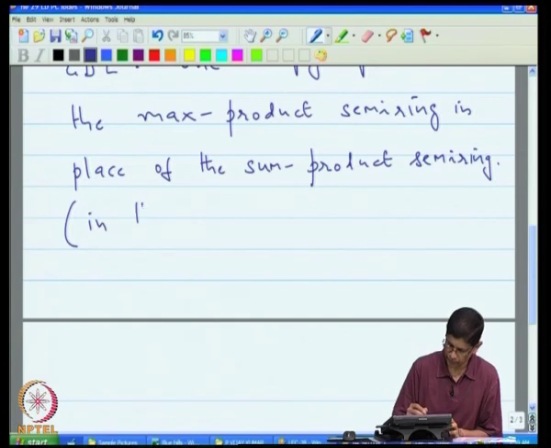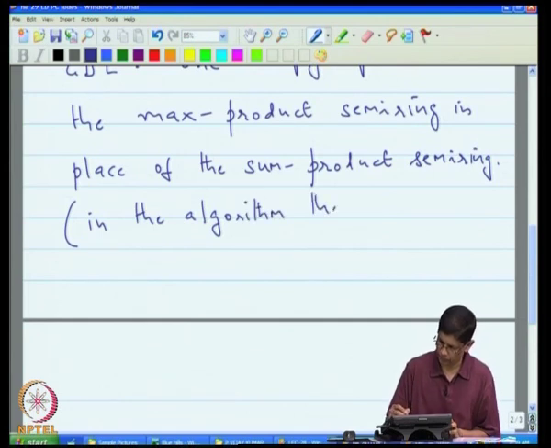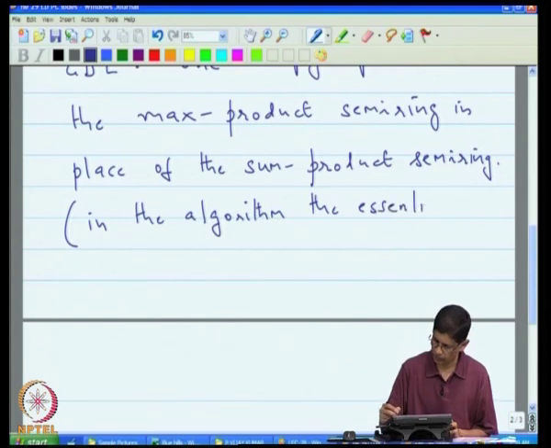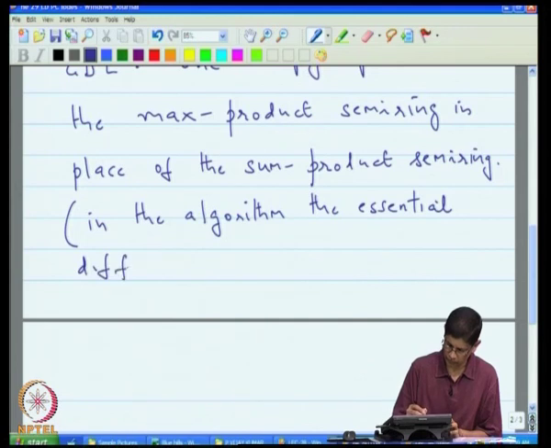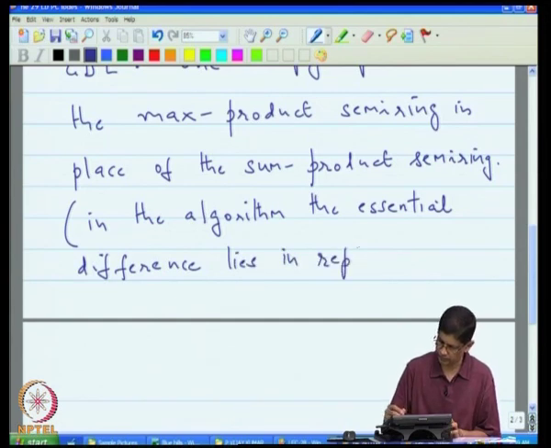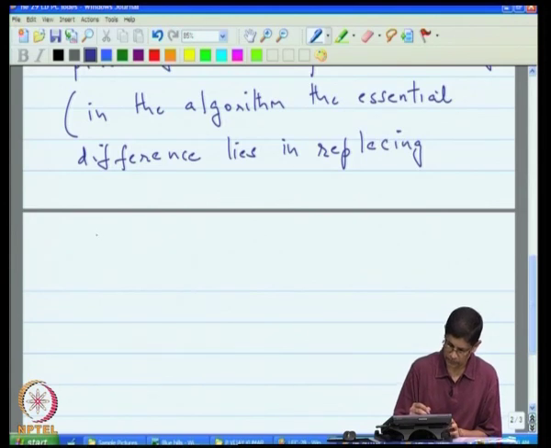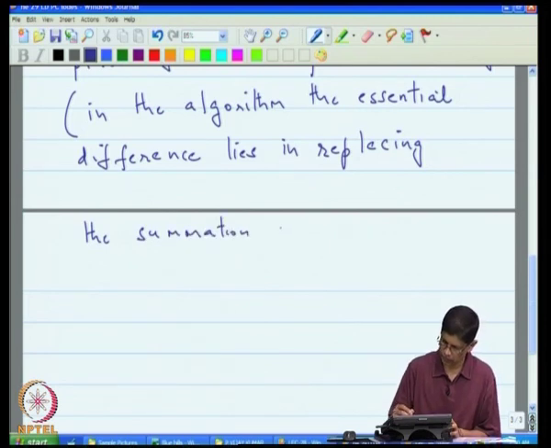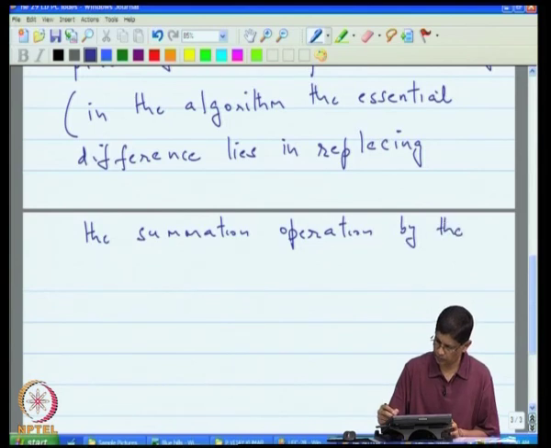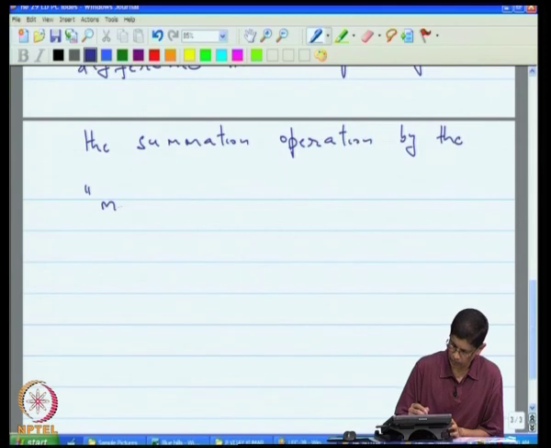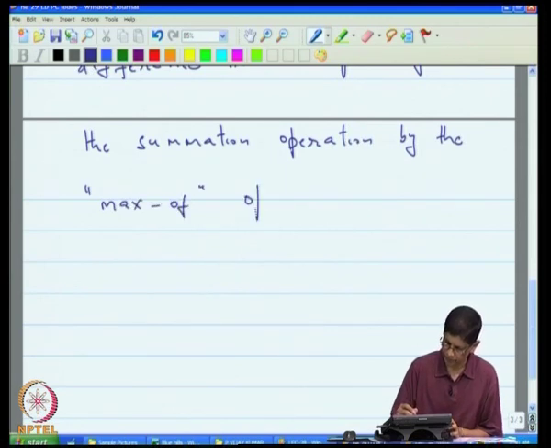In the algorithm, the essential difference lies in replacing the summation operation by the max operation.